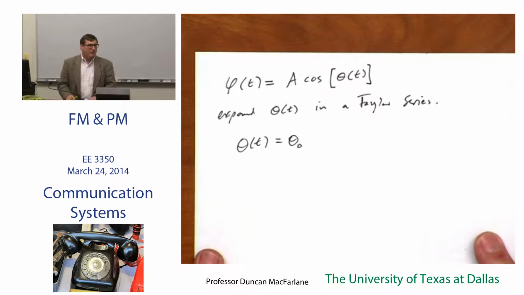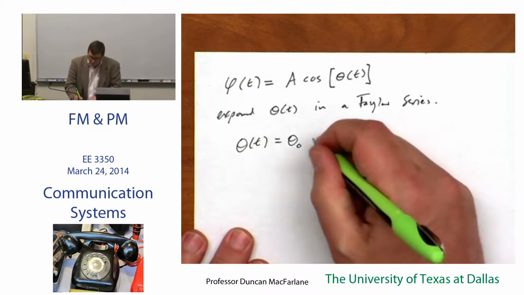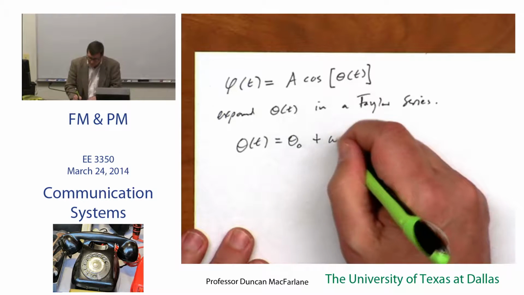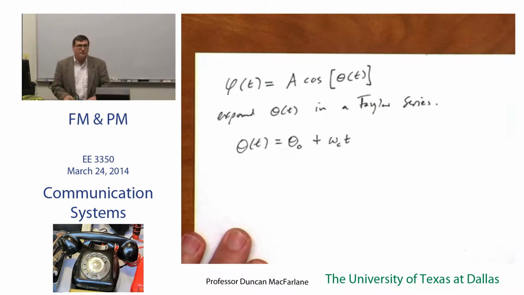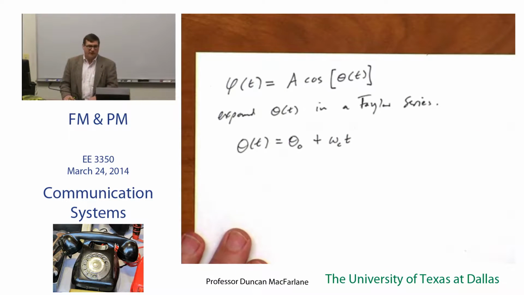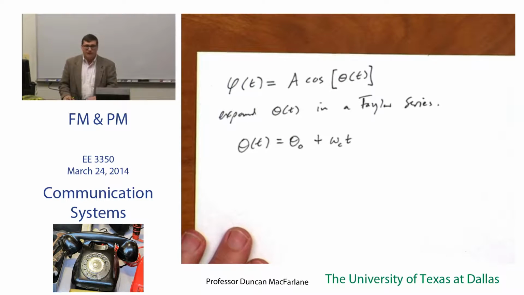will have a DC term, or a constant term, a term that doesn't change with time, a constant phase term. Plus it'll have a term that's linear in time, and I'll label that omega t, but I'll be definite and label it with the subscript c, for carrier.